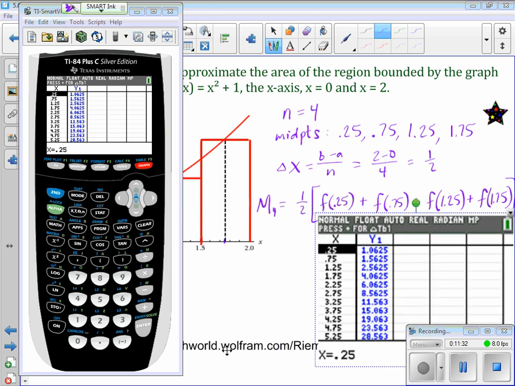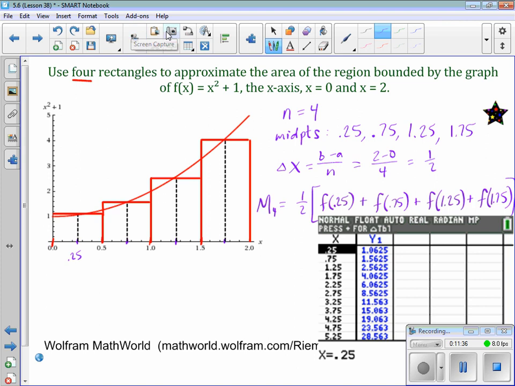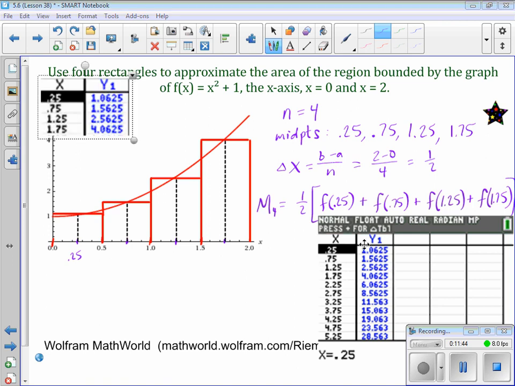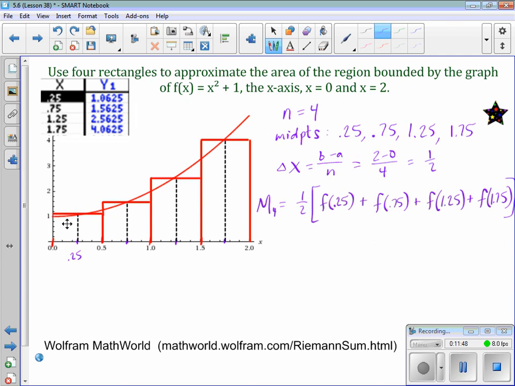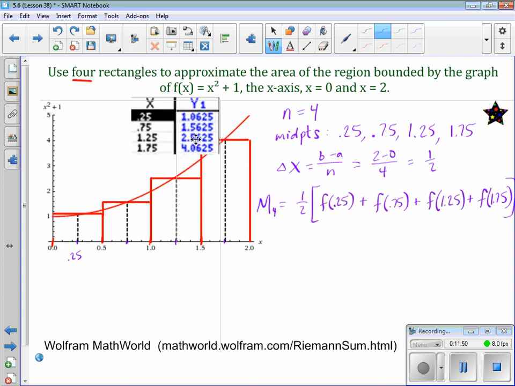So really, the only values in this table that matter are the first ones there, right? So I can even just zoom in on these guys here, and these are the only ones I really care about. Okay, so questions on how I got those values?